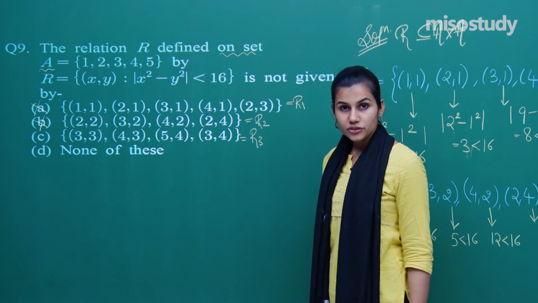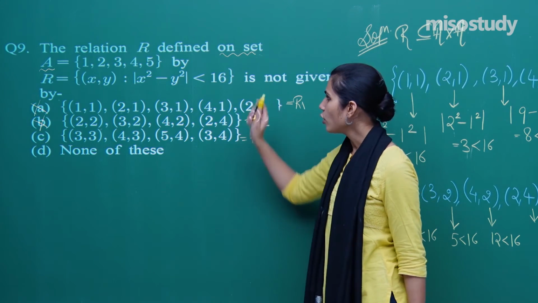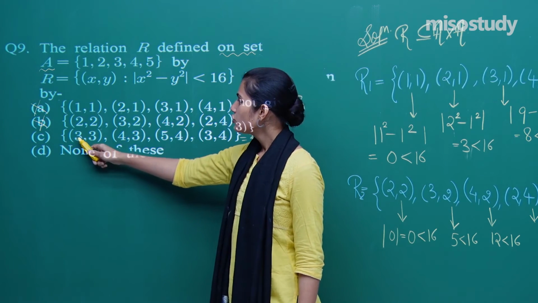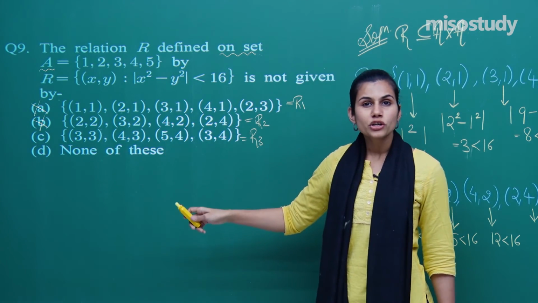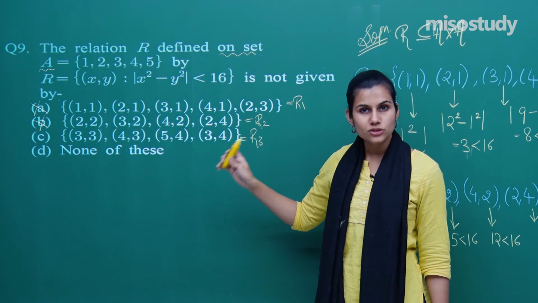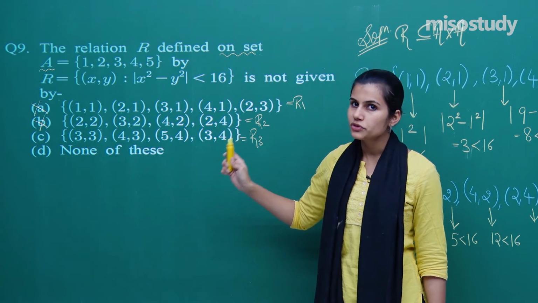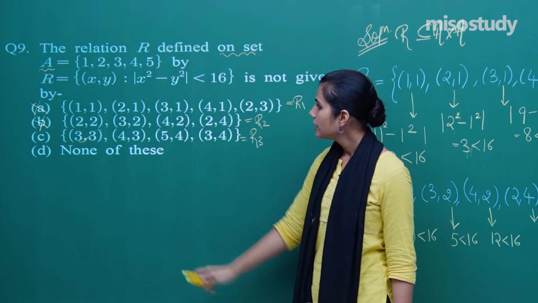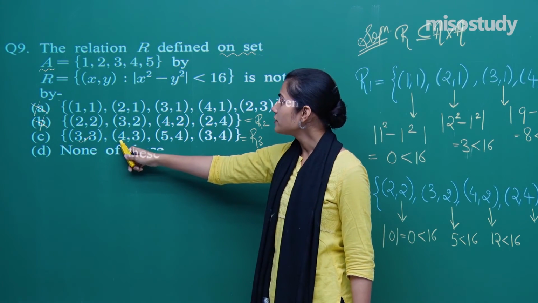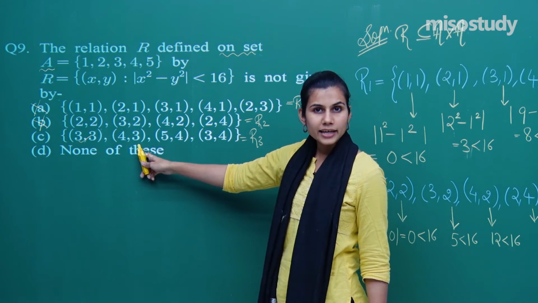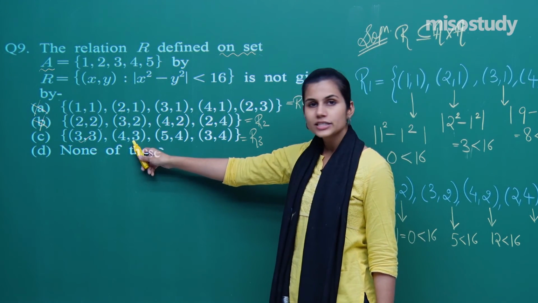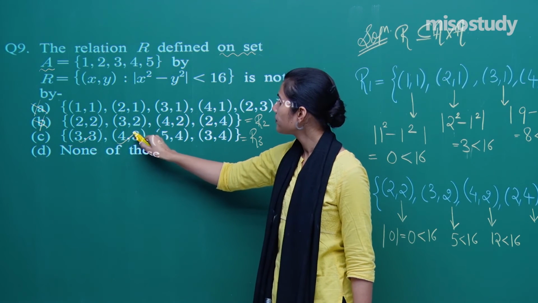Let us see if R3, the left out relation, is following this rule or not. Well, let's check here itself. (3,3): the modulus of 3 square minus 3 square is 0, which is strictly less than 16. No problem with this ordered pair. (4,3): the modulus of 16 minus 9 is 7, right? 7 is strictly less than 16.